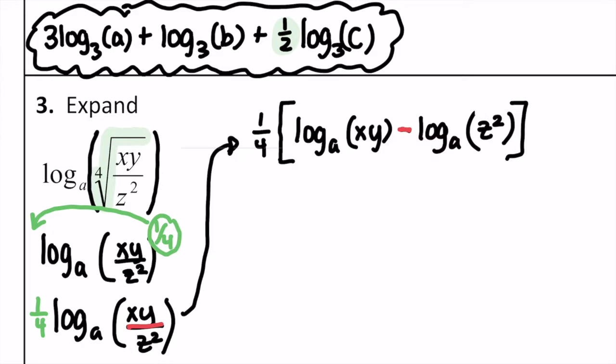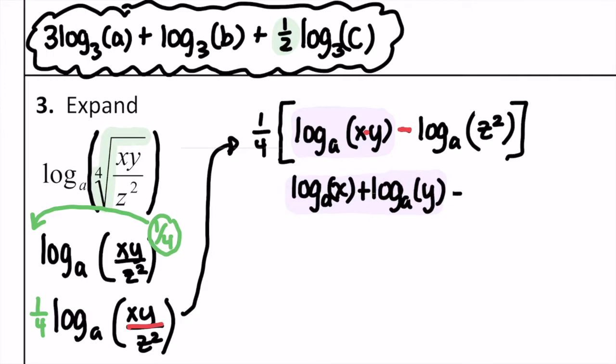From here, I can separate this first logarithm a little bit more. I see multiplication between the things inside of that logarithm, and so I can separate using addition. So I have log base A of x plus log base A of y. I could separate that first logarithm to be these two logarithms added together.